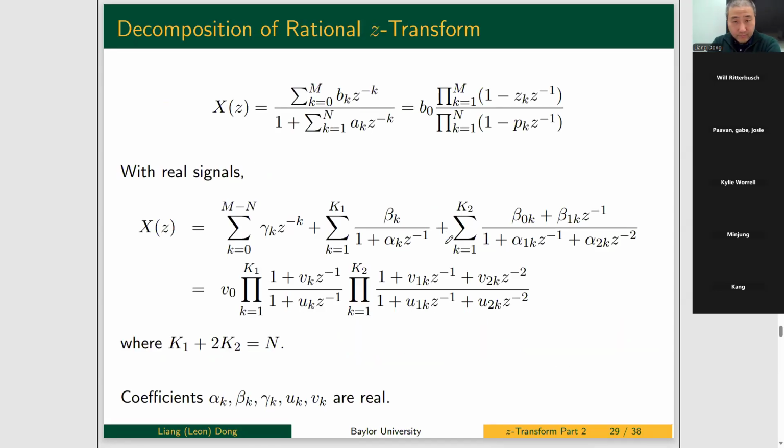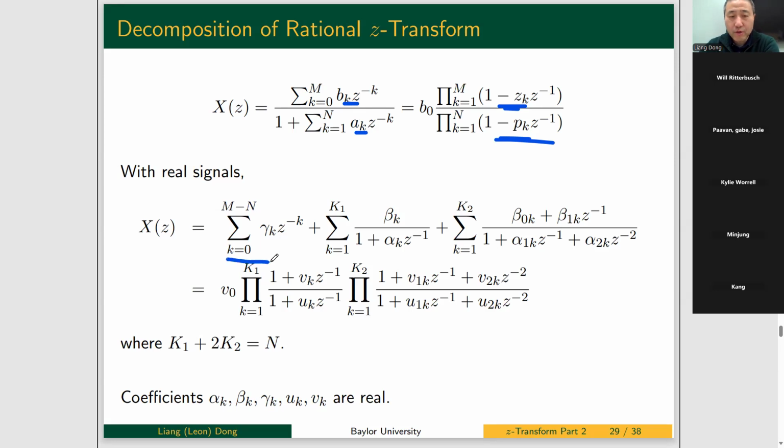Okay. So it's actually shown here on this slide. If everything is real, meaning that my polynomial b's are real and a's are real, which is usually the case for a practical system, then I can always decompose that into these poles and zeros. And then, let's say, doing a long division, supposing it's an improper rational function in general.